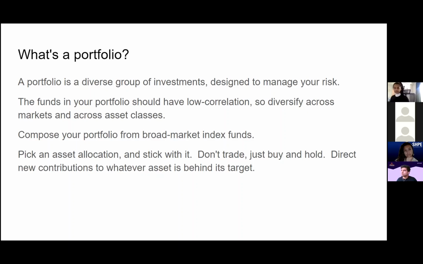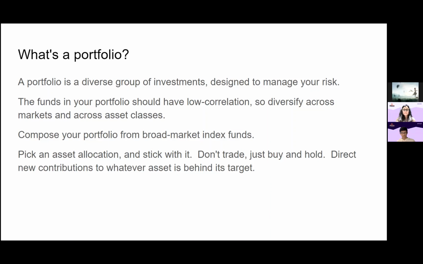One of the things you want to be true of the funds in your portfolio is that they have low correlation. So how much do they move together? You want to diversify across markets, that would be US markets versus non-US markets. You want to diversify across asset classes, that's stocks versus bonds.